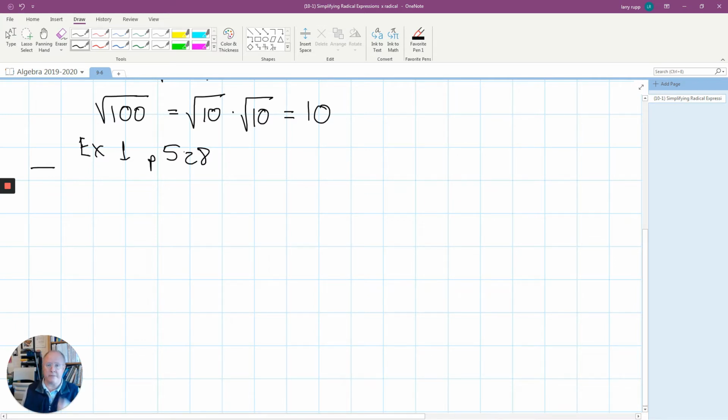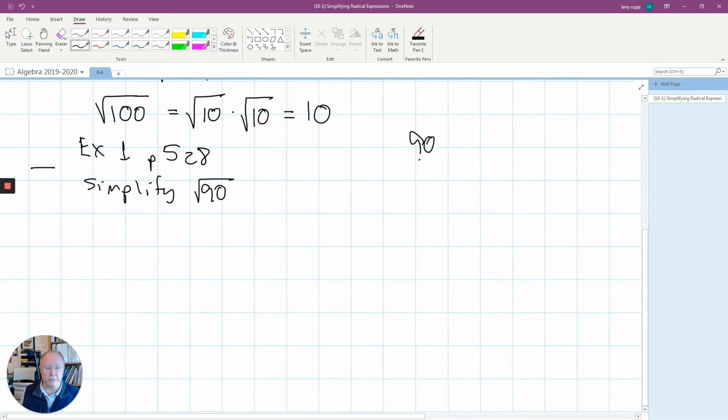All right. That being said, let's continue on with the example. Okay, so example 1 says this. Simplify the square root of 90. All right, and you're like, Gack, I don't know the square root of 90. Well, there is a thing to come to your rescue.